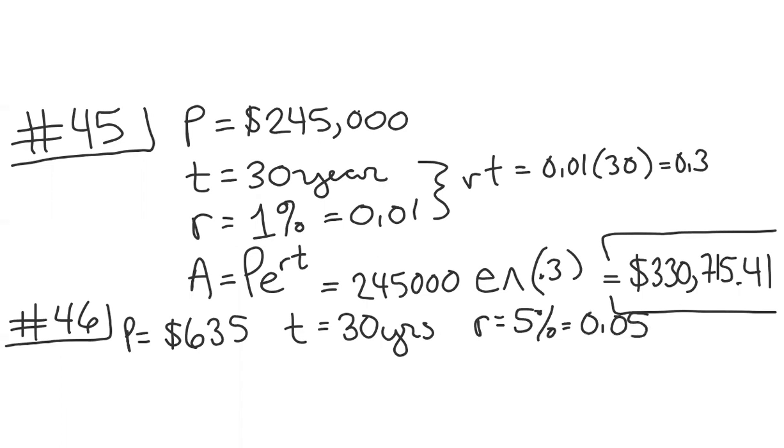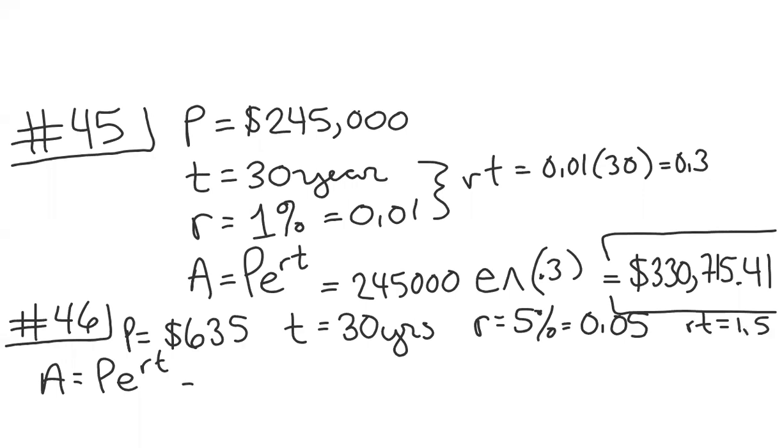So again, we have a 30-year question, and this time the rate is 5%, which considering inflation, that's a lot. So A equals P times e to the RT. RT is 30 times 0.05 or 1.5.